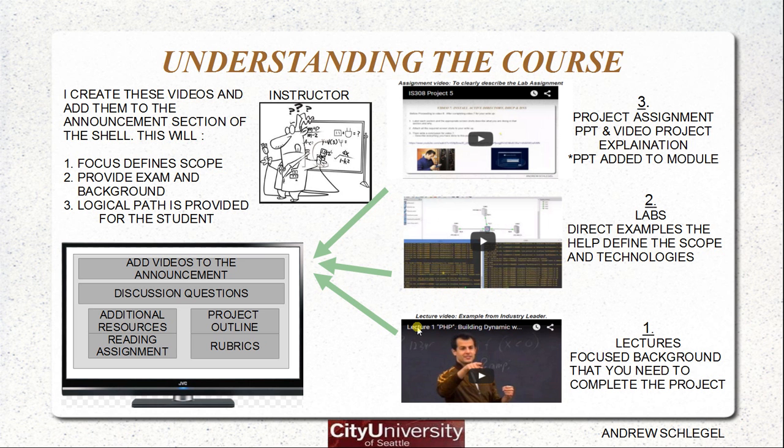The better way to look at these videos that I'm providing you is that I'm condensing this information. I made this project, I'm grading this project, I know what you need to know to do the project, and I'm giving you a direct path to that project. So really, I may be providing 2 hours of information here, but I've reduced 10 hours of work sifting through all these resources, where you could go the wrong path.